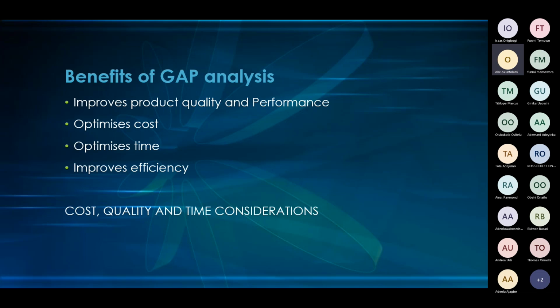But if it's still 5 hours, there's no way we'll be able to complete the process and get back to the customers before close of day. So we want to reduce the time we spend in completing this process from 5 hours to 2 hours. So you can already see how we're thinking about time and how to make the best use of our time. Gap analysis can also help to improve efficiency.